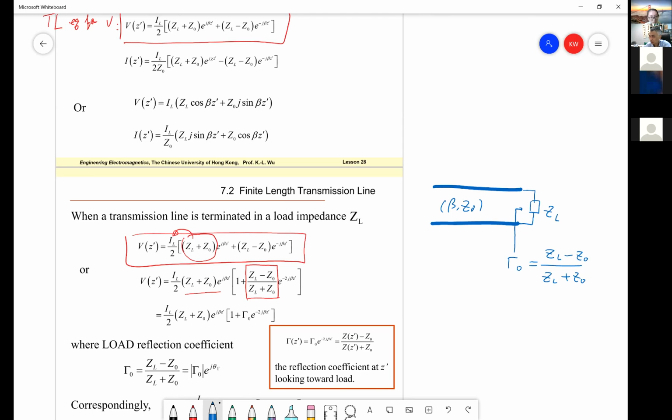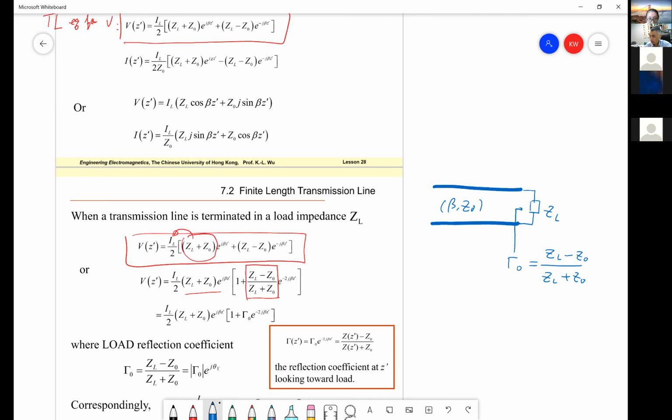What do you see, right? This is a reflection coefficient for both plane wave and transmission line for digital circuit. We use this reflection coefficient 100 times, okay?